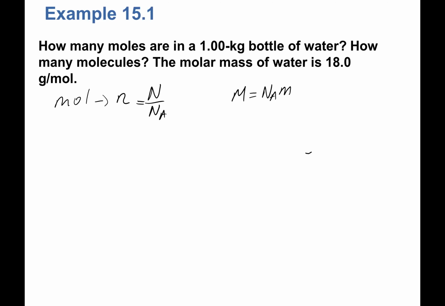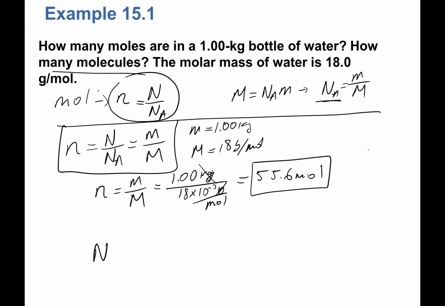Now let's look at the second part, how many molecules. That means we want to find N. I can use the ratio where the number of moles equals the number of molecules per Avogadro number.